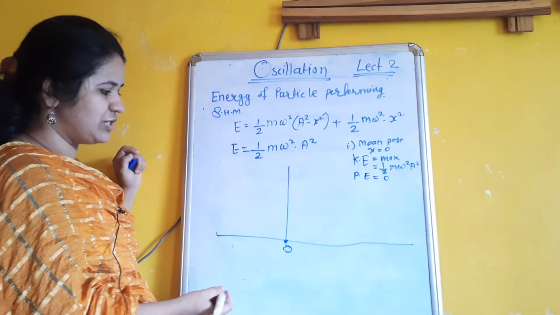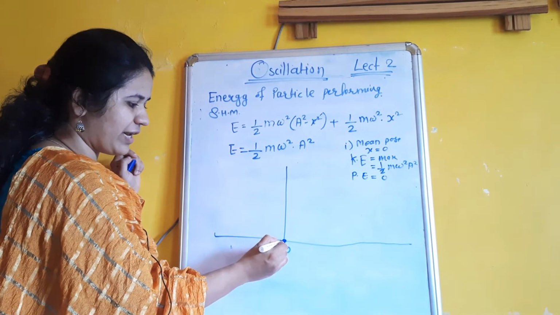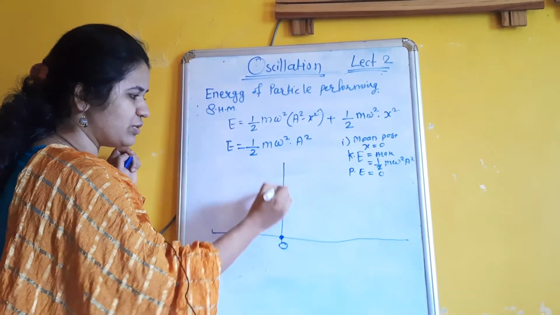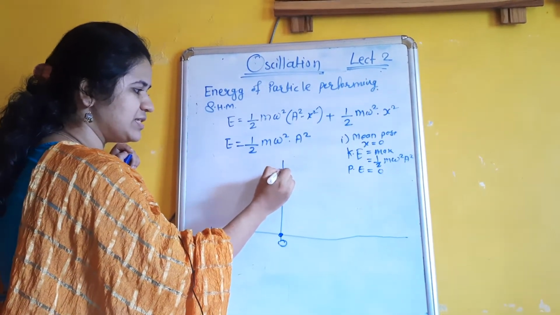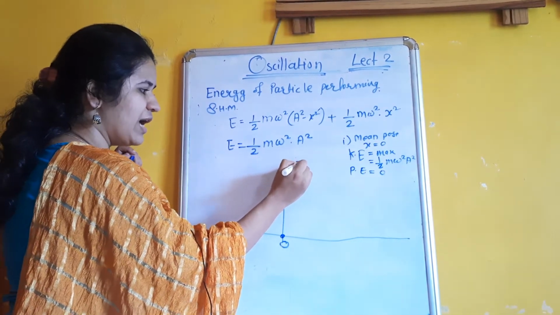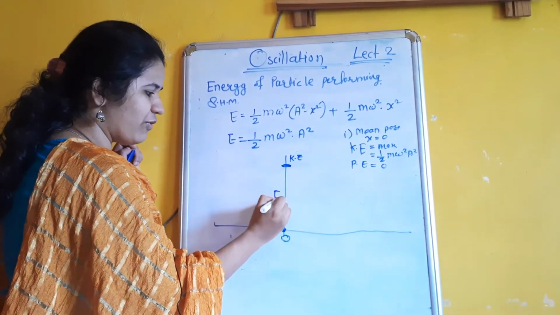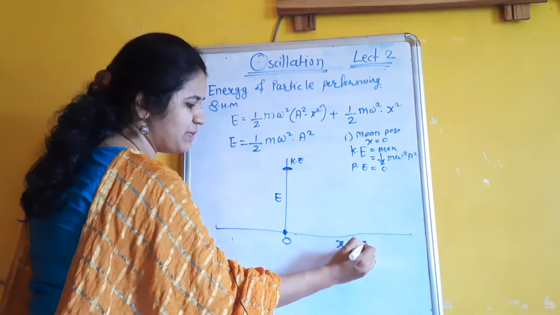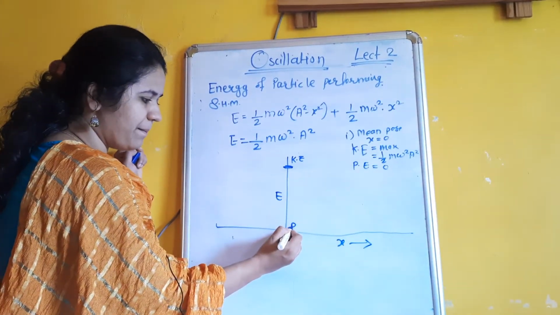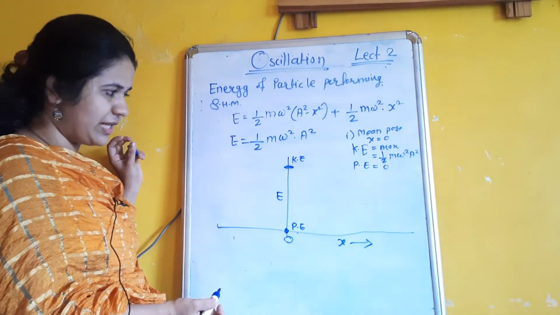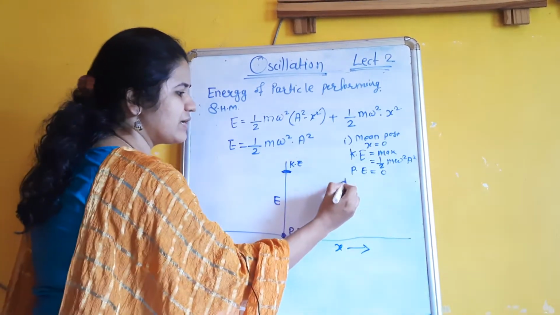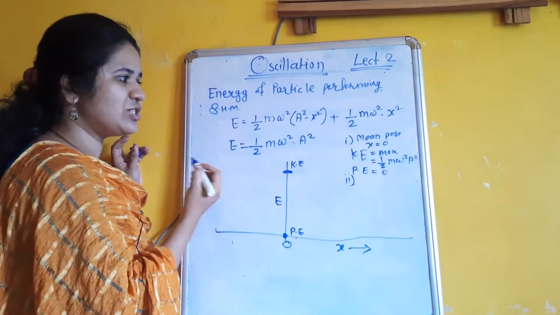So in the graph, the kinetic energy at the 0 position is maximum. This is the maximum kinetic energy and this is the minimum. This is the graph of energy against displacement. And here is the minimum potential energy. Clear?